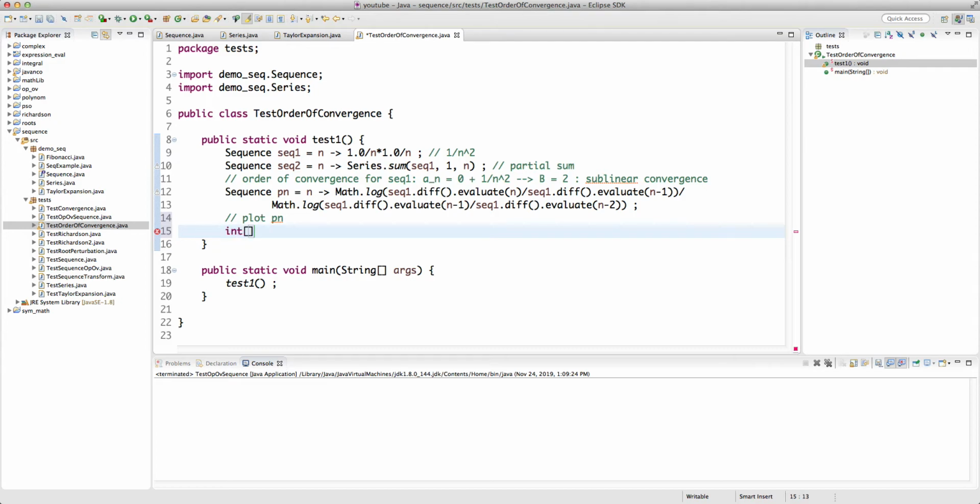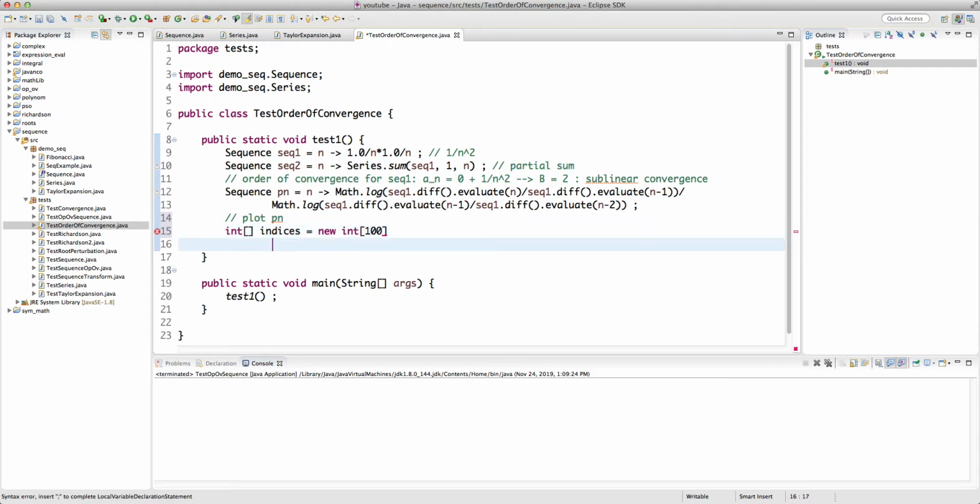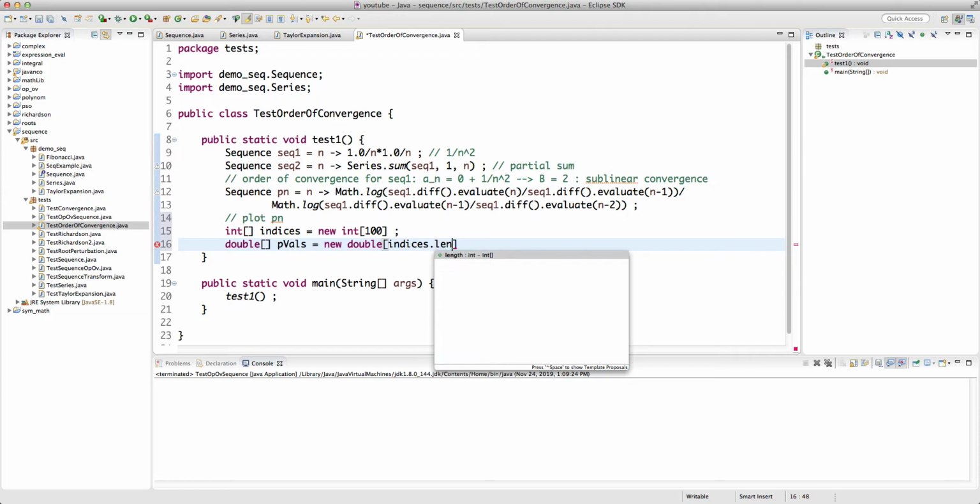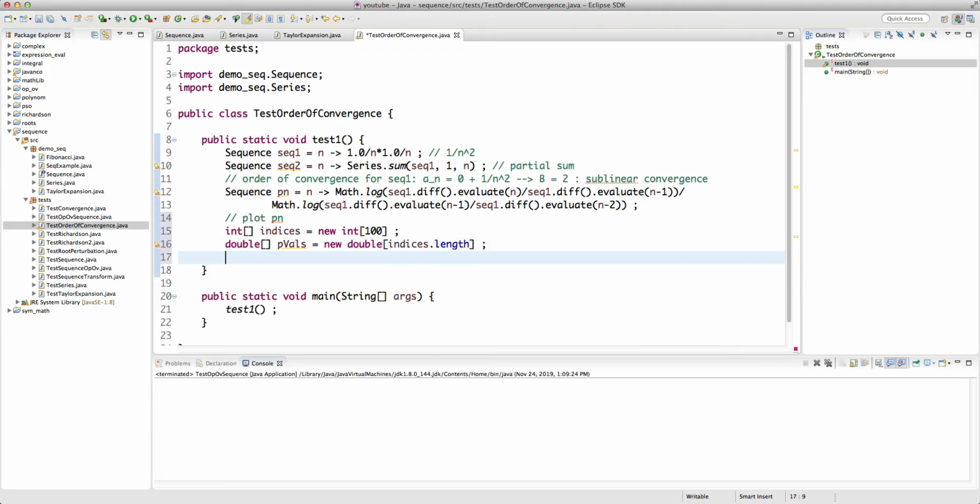Indices is new int, let's say 100, and then double pVals is new double of indices.length. Then we write a for loop, int i equals 0, i less than indices.length, i plus plus.